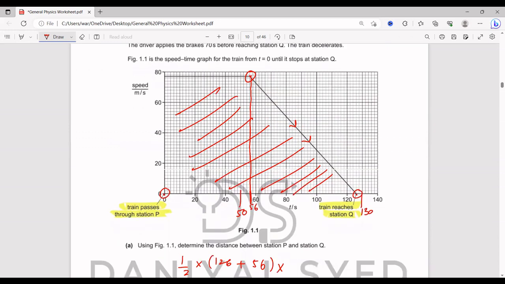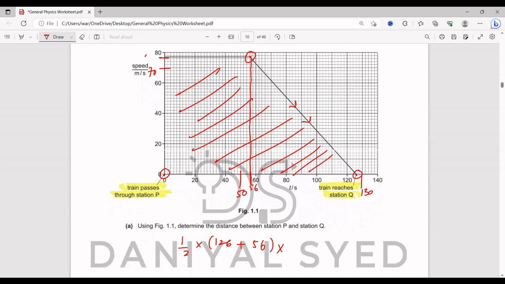How can you calculate the height? This is 70, 72, 74, 76, and 78, in the middle of 76 and 78. So this is 77.